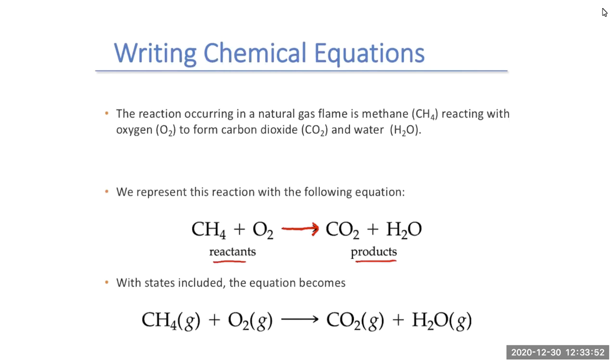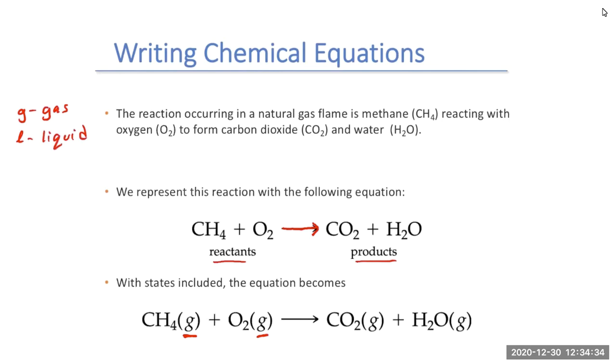And another important thing is when we write our chemical reactions, we always indicate the state of a reaction. So if we're looking at the combustion of methane, methane is a gas, so we write G for gas. And then oxygen is a gas as well, so we write G for gas. If we remember our different states, G is how we represent gas, L is how we represent liquid.